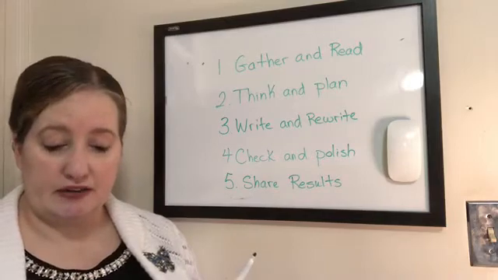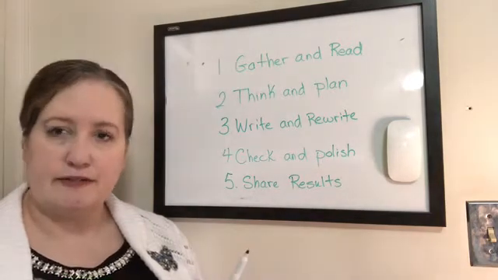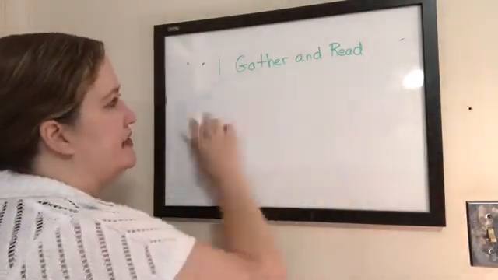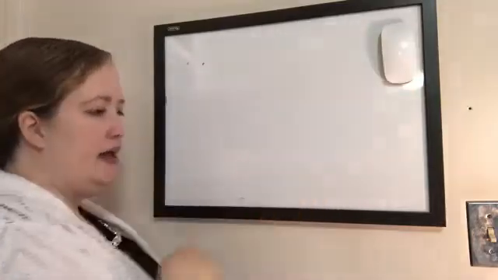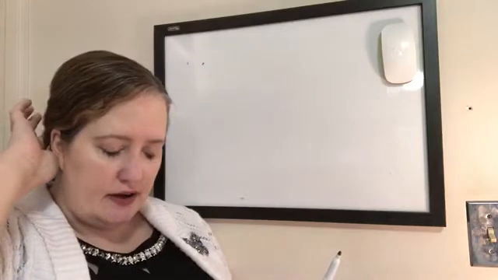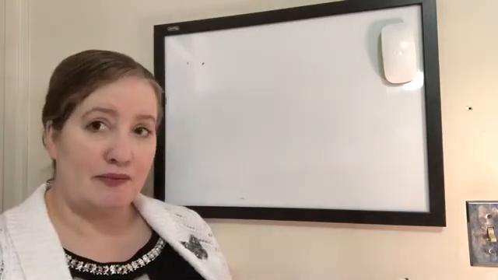So we're going to talk about these writing processes, all 5 of them. So the first one is gather and read. Let's say you've gathered your information and you've read about your topic if you need to, and you think about what you want to write about.